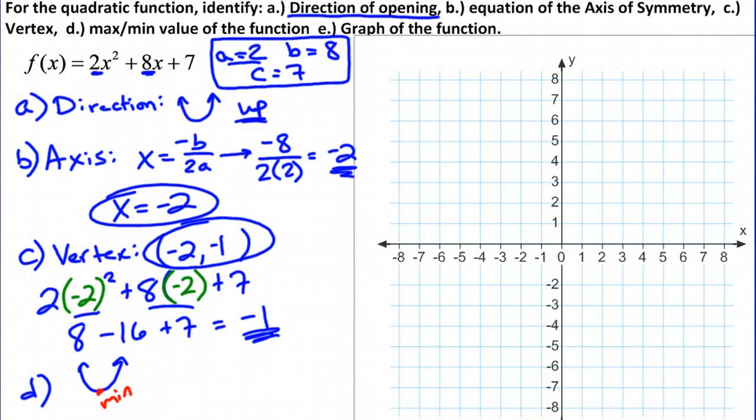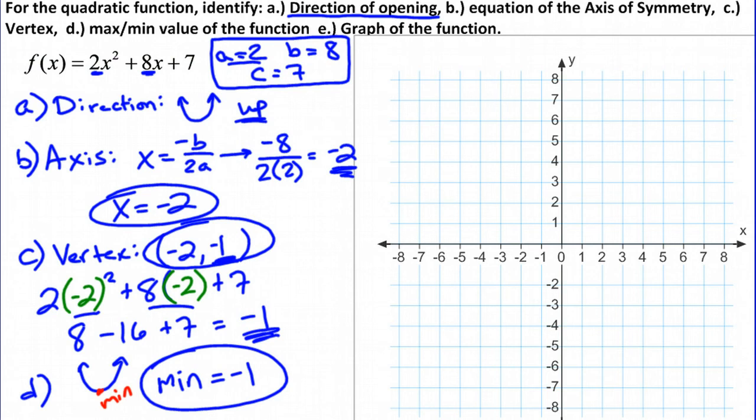So our minimum value is going to be the y-coordinate, and that's negative 1. So we found our direction of opening, which was up. We found our axis of symmetry, which is x equals negative 2. We found our vertex to be negative 2, negative 1. And we have identified that our minimum value for this function is negative 1.